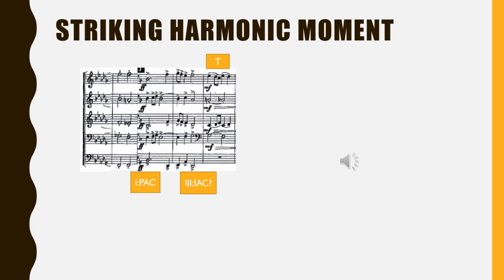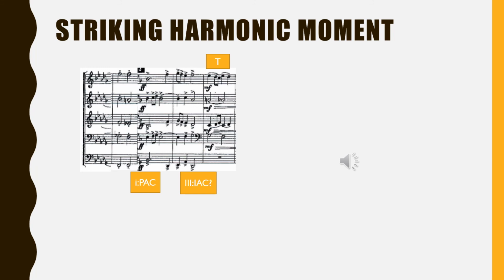And you can feel wholeheartedly that's a PAC, but the thing is the transition hasn't started yet, and on the next bar you can feel what's almost like an IAC in 3 in D flat major. But that doesn't make sense because we still haven't hit the transition yet, which is the bar after that, and we don't modulate until another 8 bars after that with the medial caesura.